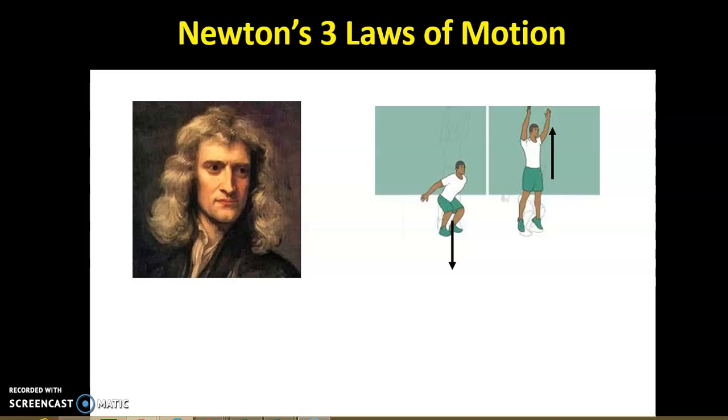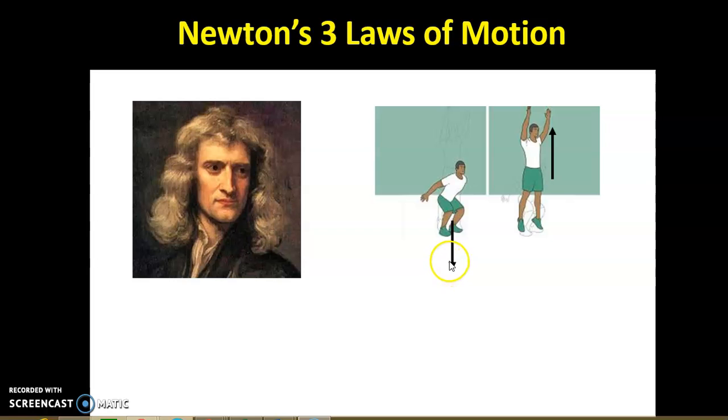Okay, so the last one, Newton's third law. This is the law of action and reaction. So every force applied will have an equal and opposite reaction. Using this example here, jumping in basketball, the player acts and creates a downward force into the ground.